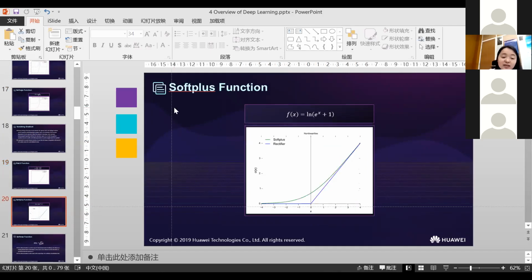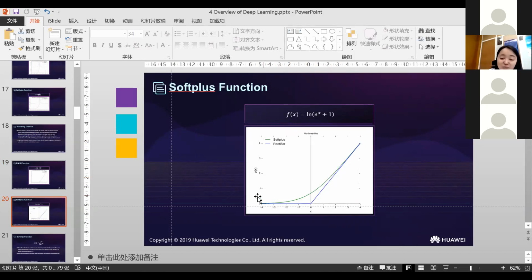And here the softplus is a variant of the ReLU function. The green line is the softplus and the blue line is the ReLU, so it is smoother.